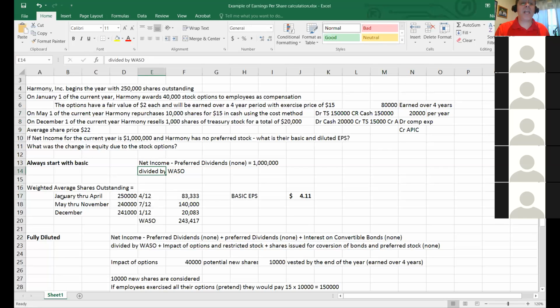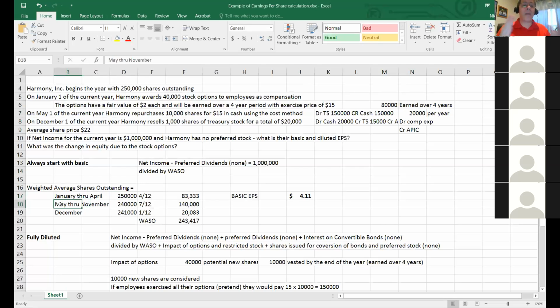And that was the case for January, February, March, and April when it changed. So from January through April, there were 250,000 shares outstanding. That's 4 months out of the 12 months of the year. So we multiply 250,000 times 4/12 to get a weighted average.